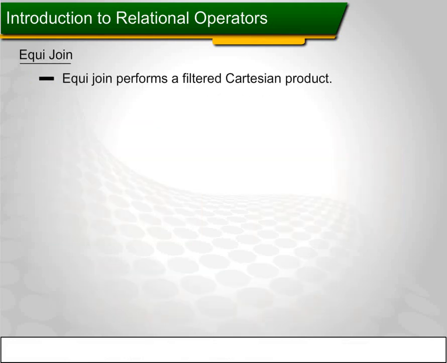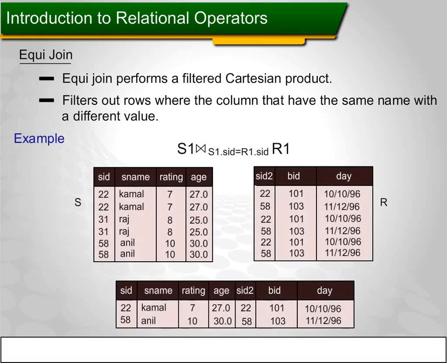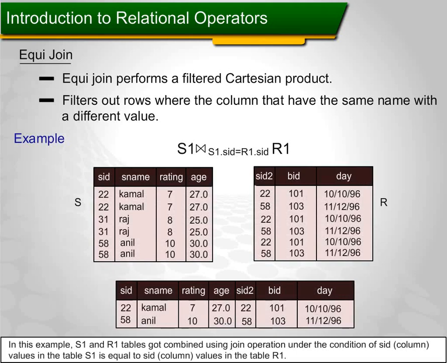Equijoin. Equijoin performs a filtered Cartesian product. It filters out rows where the columns that have the same name have different values. Example. In this example, S1 and R1 tables got combined using join operation under the condition that SID column values in the table S1 are equal to the SID column values in the table R1.